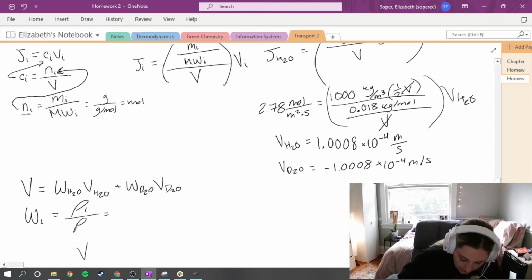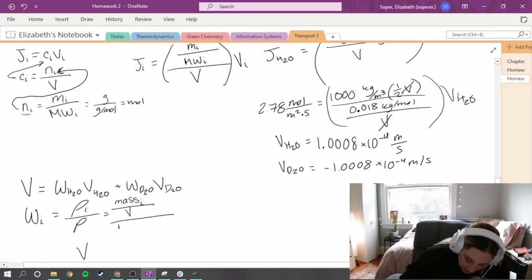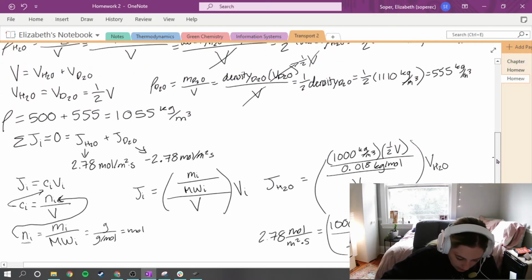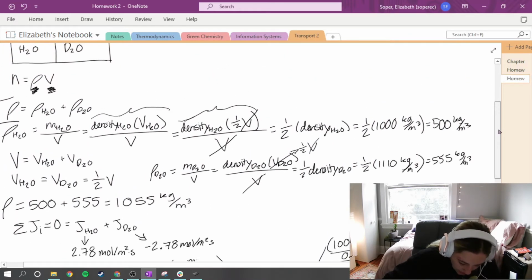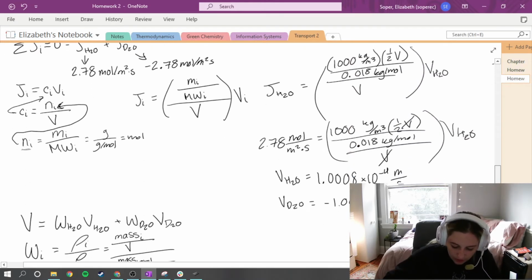We know this because this equals the mass of component i over the total volume, over the total mass over the total volume, which we remember from doing up here, where the mass concentration of H2O equals the mass of H2O over the total volume.